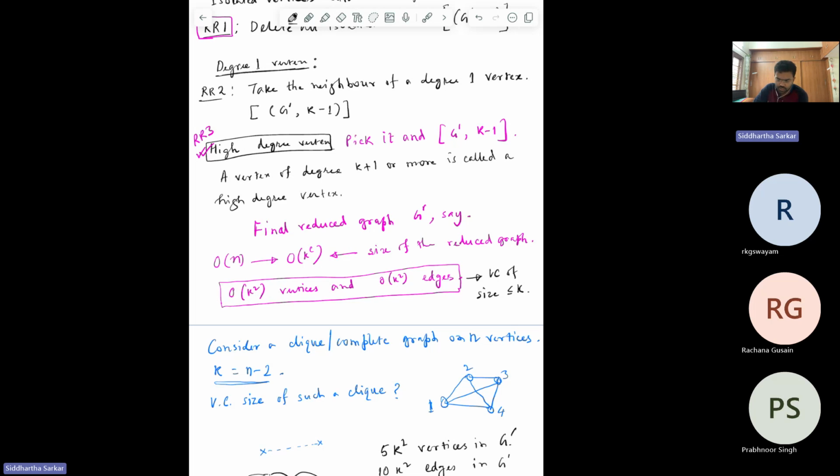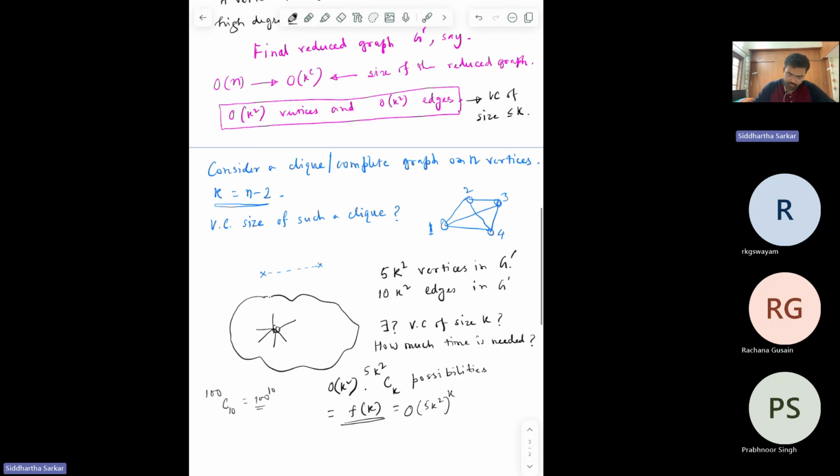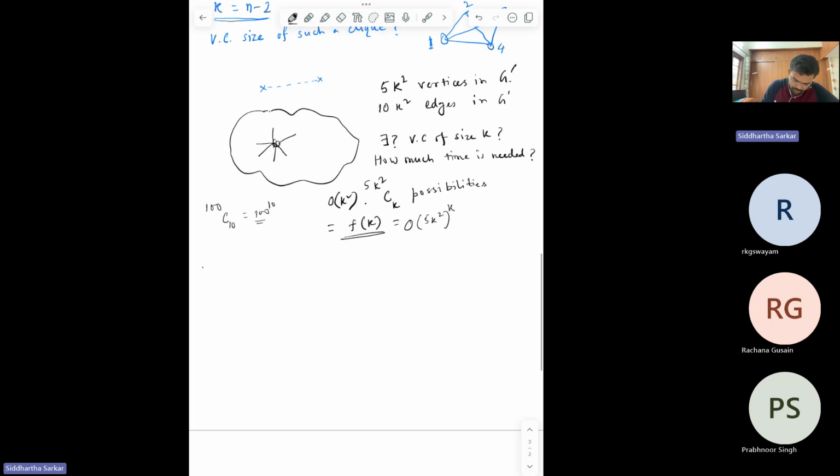That is our next reduction rule: if we do all these reductions, and after that we count how many vertices and how many edges are in this graph, and the number is of this kind, then we will be able to say that the vertex cover size is at most k. So I will write down the lemma, then I will prove it formally.